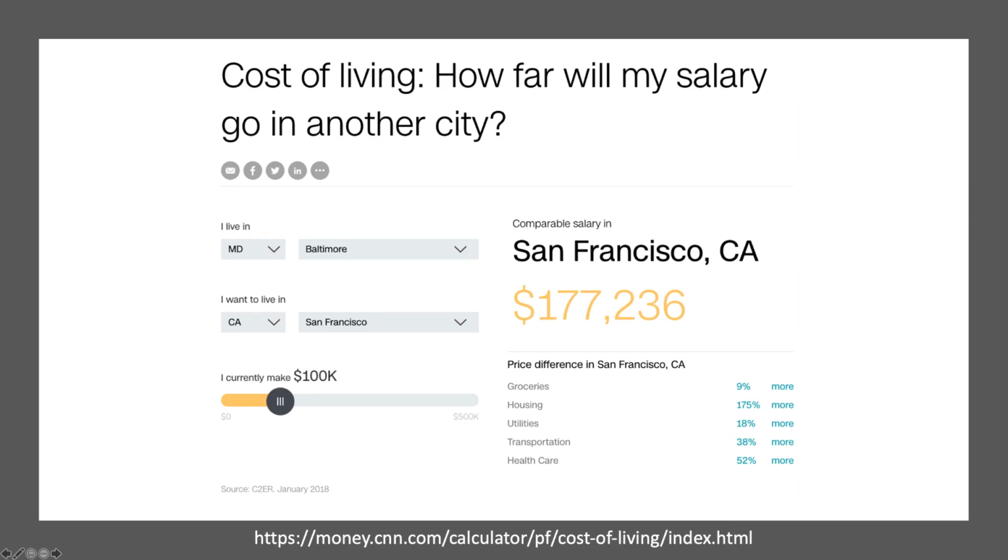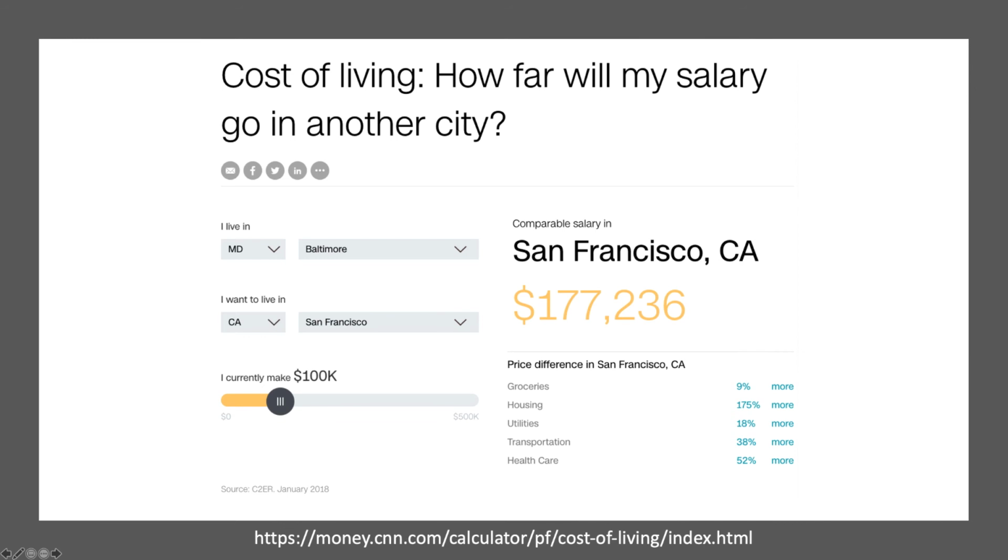Now, if that pharmacist I gave you on the left was working in San Francisco, and the pharmacist on the right was working in Baltimore, you'd say the person in Baltimore is way better off, right? Again, this is just using a cost of living calculator. If you're making $100,000 in Baltimore and you move to San Francisco, it's definitely going to be a challenge because the housing is incredibly higher.